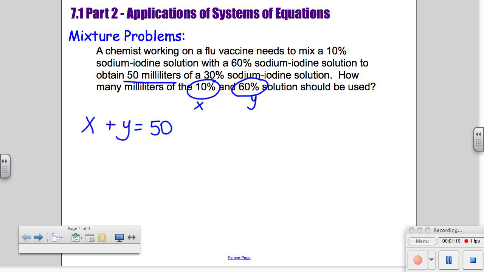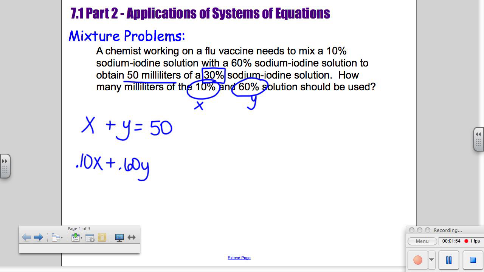Now, the next part gets a little bit harder, and that's because we're going to have some of this x solution, this 10% solution, and we're going to look at that percentage because we need to somehow use this 30% of the final solution. We want the final solution to be 30% sodium iodine. So we know that we're going to have some amount of 10% solution, and I'm going to write that as 0.10x, and add to it 60% solution, and the y is the amount of the 60% solution.